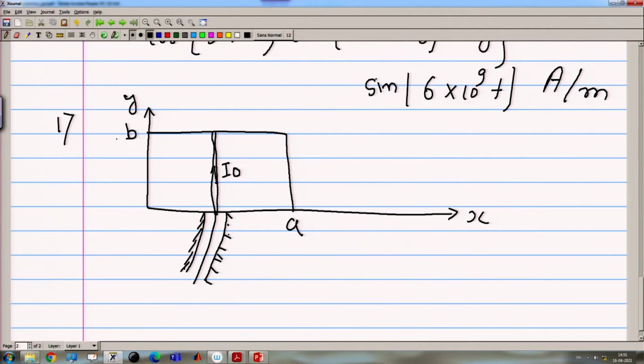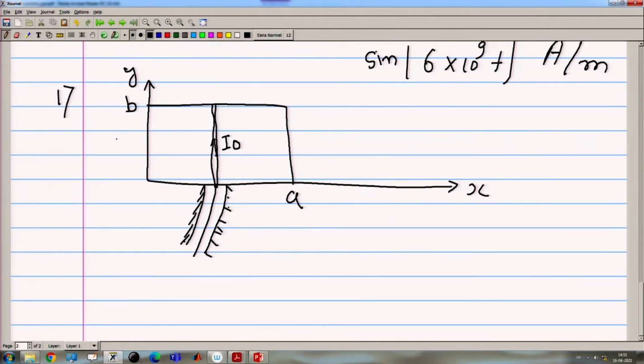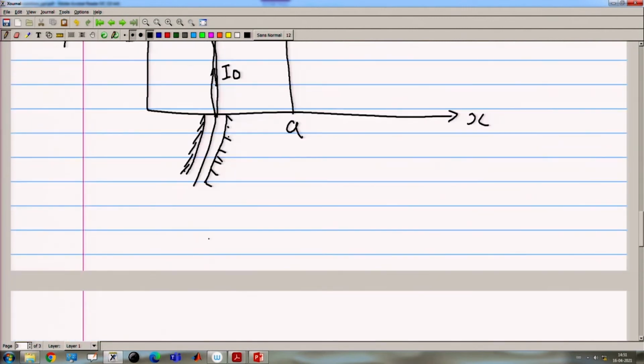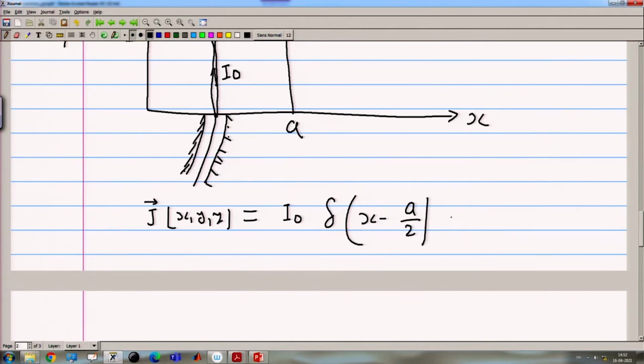If the probe is assumed to have an infinitesimal diameter, that is, the radius of the probe is very small, and the current on the probe exists only in the z direction, then for only z-directed current we can write the surface current on the probe surface as J in terms of x, y, z equal to I naught, where I naught is the amplitude of the current, delta of x minus a by 2, delta of z, into a y.